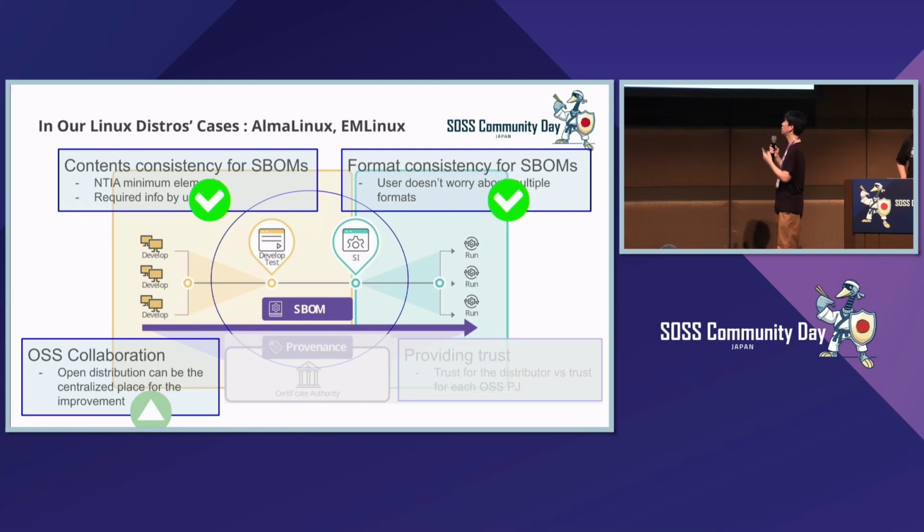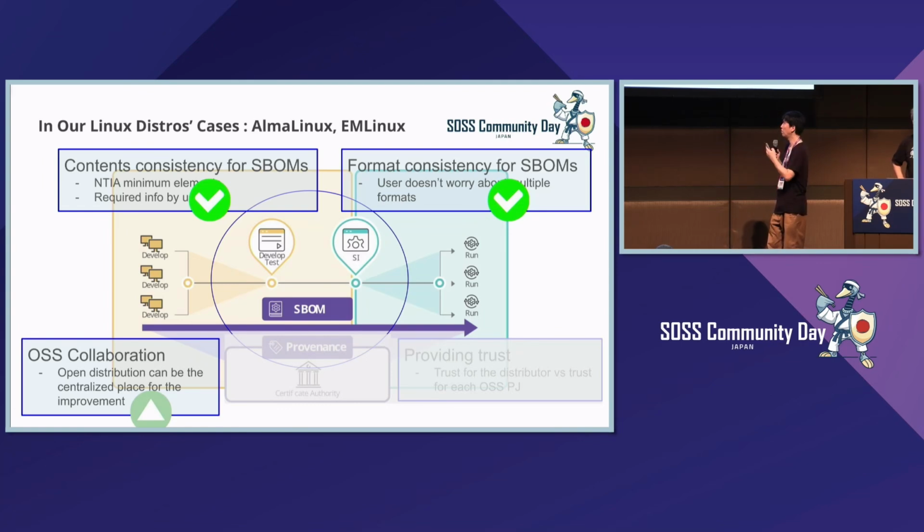And about providing trust, we want to do that, but I think currently there is not much of a standard. Of course, there is Sigstore and many other signing technologies, and also in-toto, but it's not yet there.